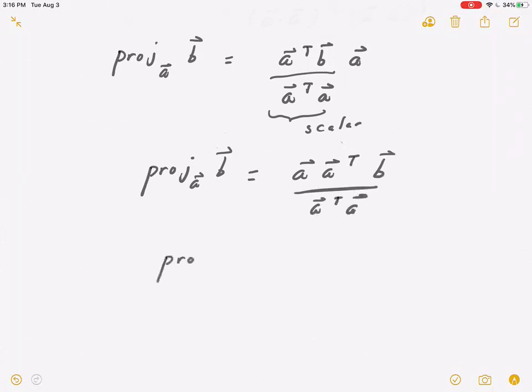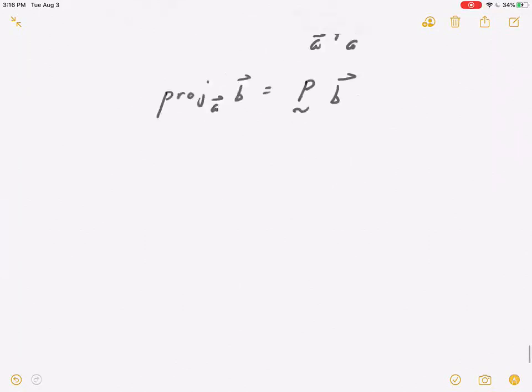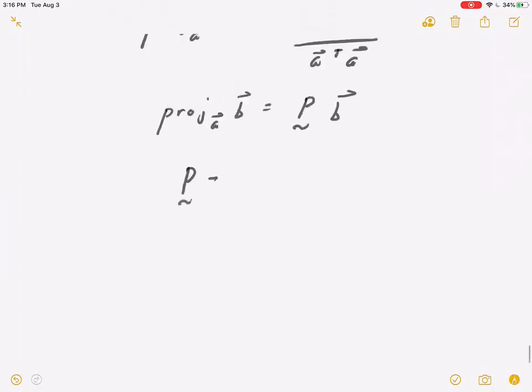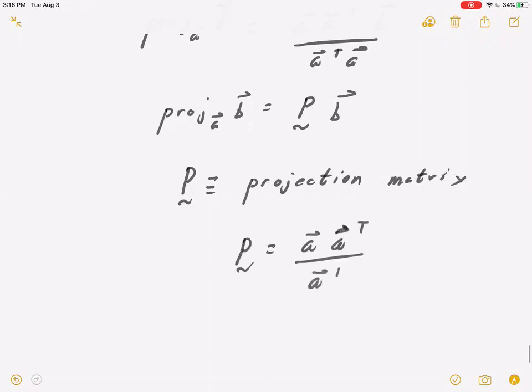And finally, it is simply this, where P is my projection matrix. And it is just the following. Remember, the numerator in this expression is a matrix. The denominator in this expression is a scalar. Okay, so that's the same result.